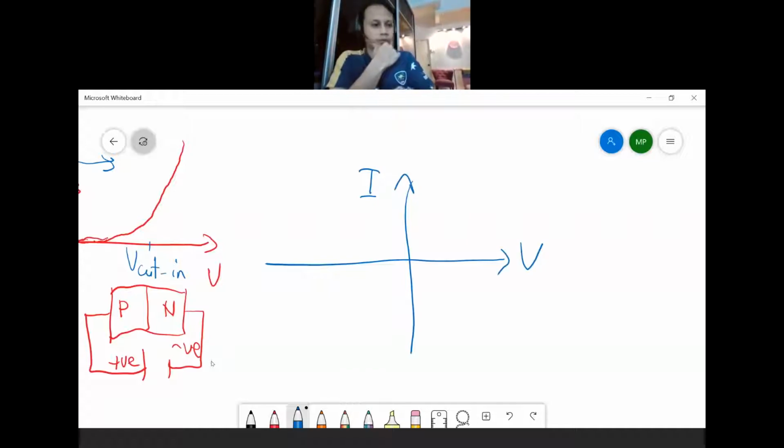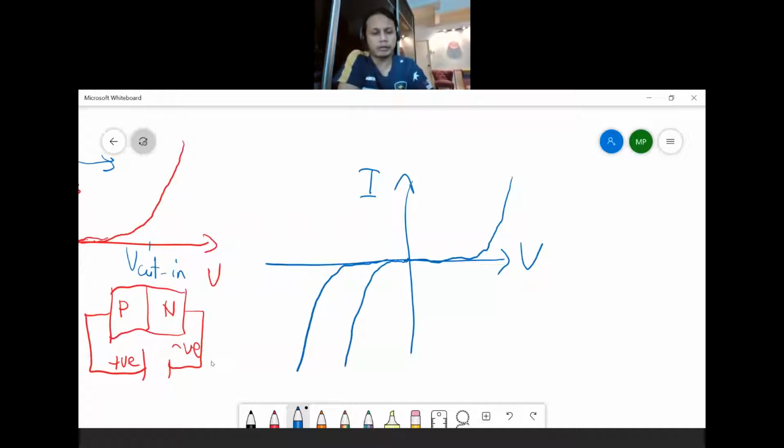Let me show you something before we end. This is the typical shape of the IV curve, right, on the forward bias side. And in the reverse bias, if you look at the breakdown voltage in the reverse bias, which one do you think belongs to avalanche and which one belongs to Zener?